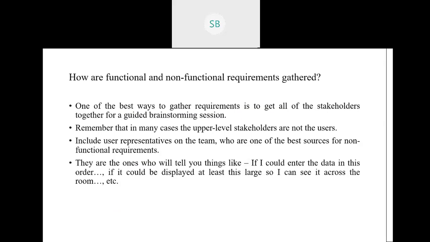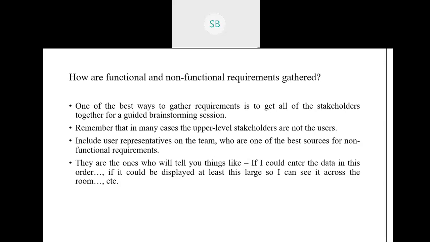Functional requirements are gathered in that way, but for non-functional requirements, it is basically the business analysts who understand their problems and what needs to be added. Sometimes a user representative may also be present, who represents the entire group.